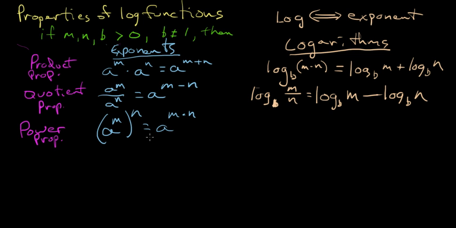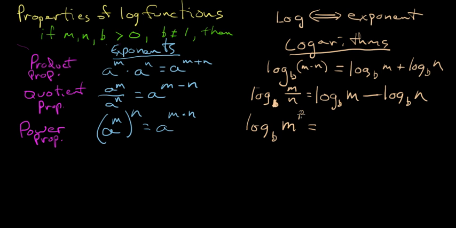And finally, the power property of logarithms goes like this. It's log base b of m to the p power. And this is where it gets interesting, because I'm going to take this p and multiply it by this. What we did here is we took this n and multiplied it by this exponent.